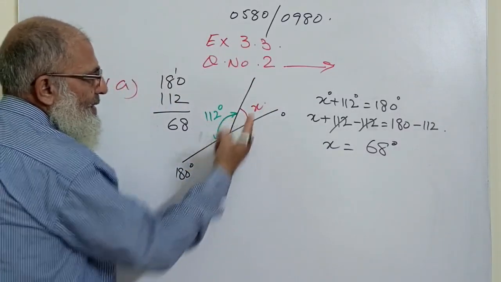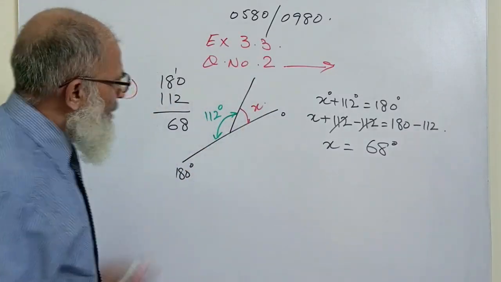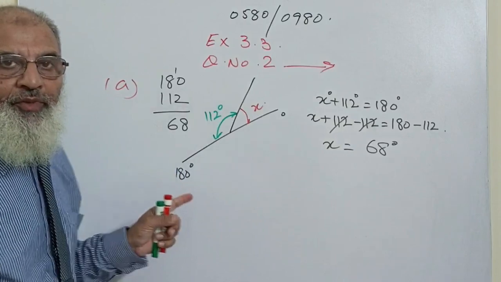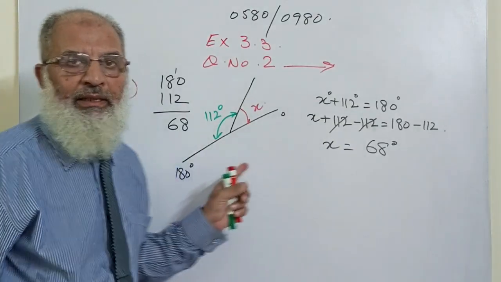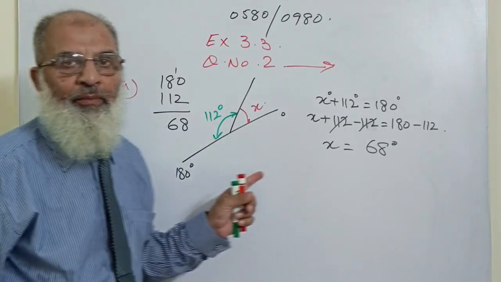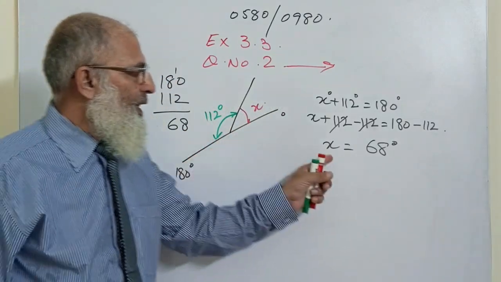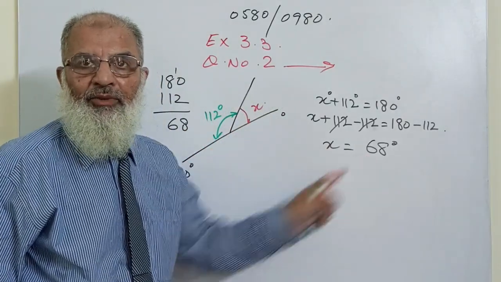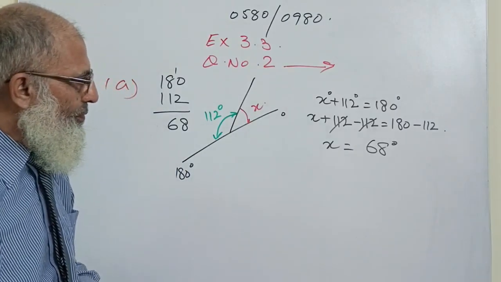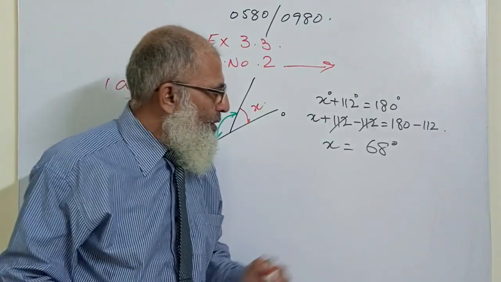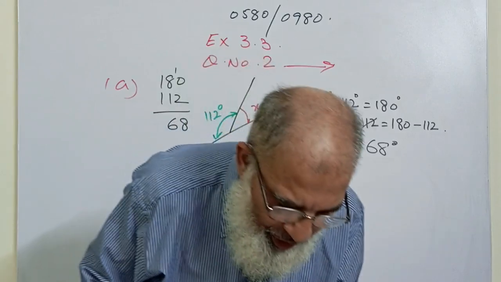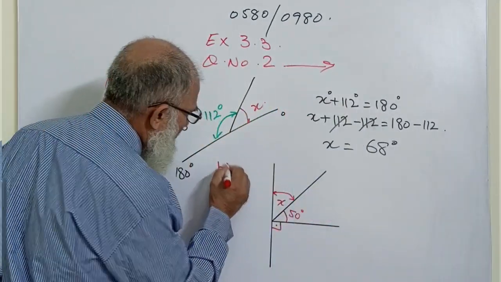Now this x is 68 degrees, because by the use of the supplementary angle format we have come to know that x is equal to 68 degrees. Let's proceed to the next question.